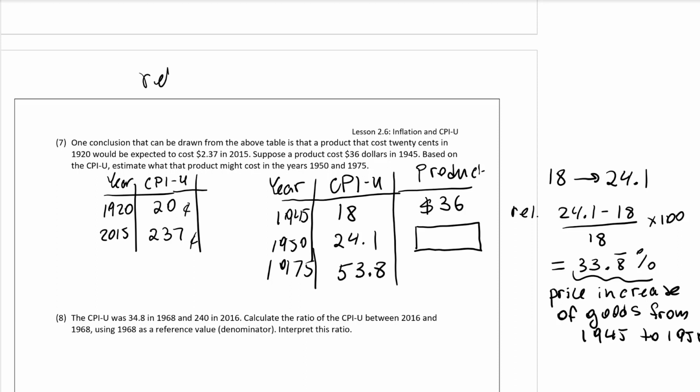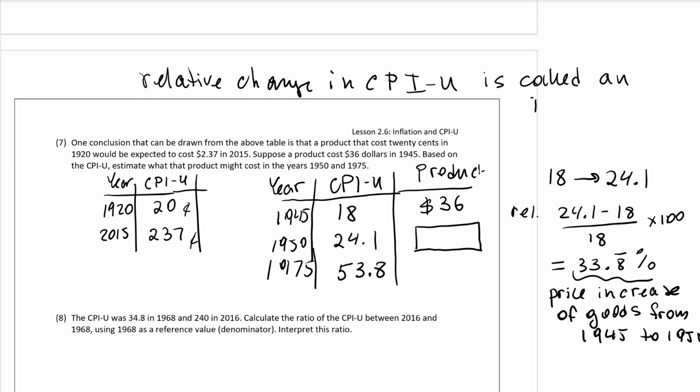All right, so the relative change in CPI, it's either urban or not urban. In general, I think the urban one is the one that's used to track inflation. So the relative change in the CPI-U is called inflation or deflation.